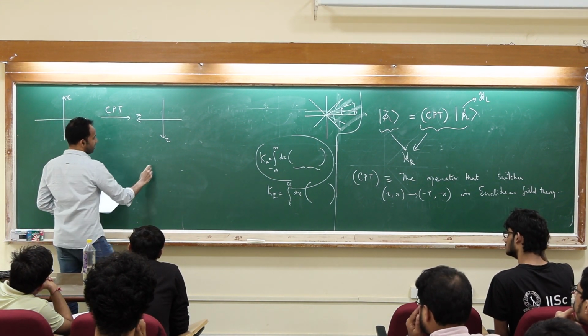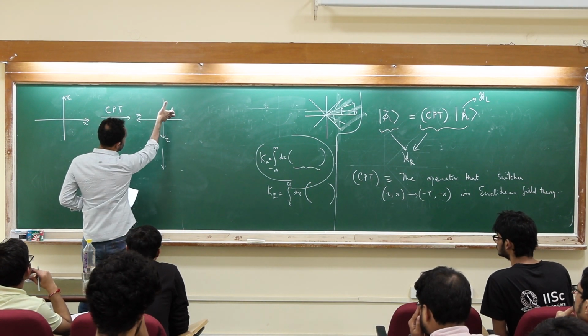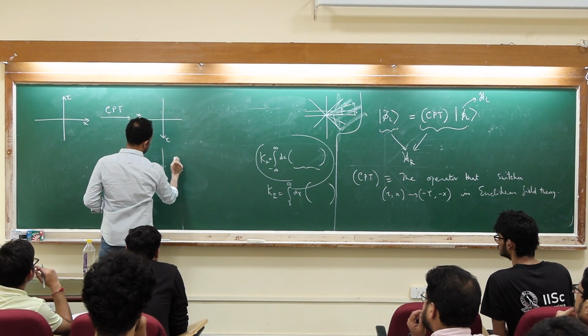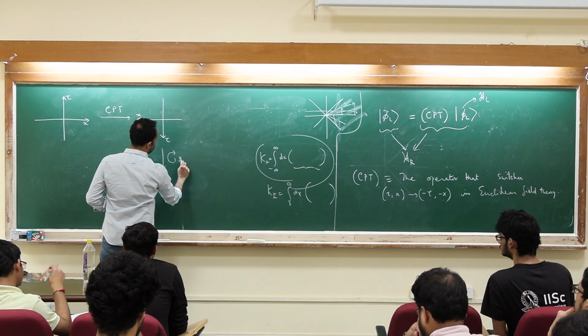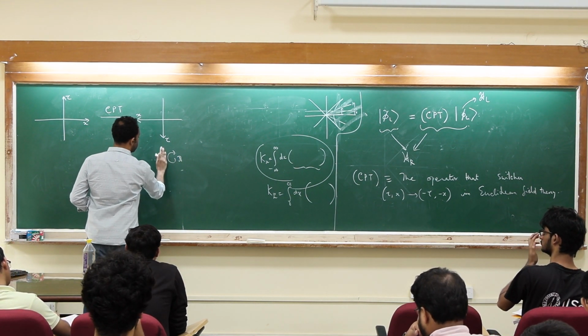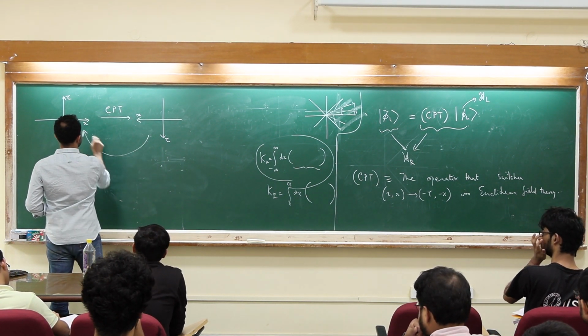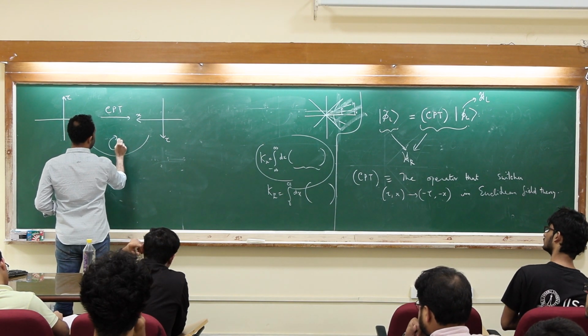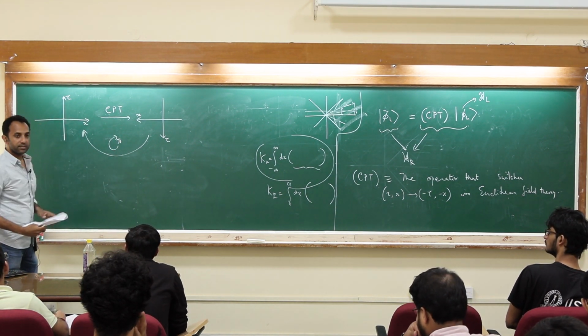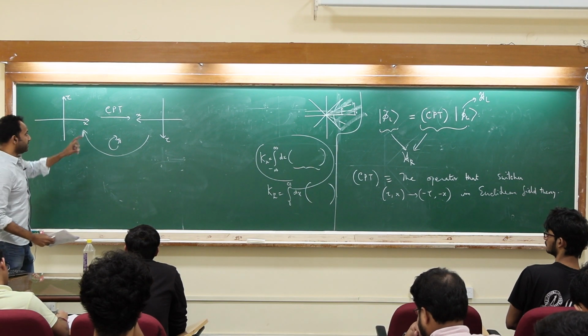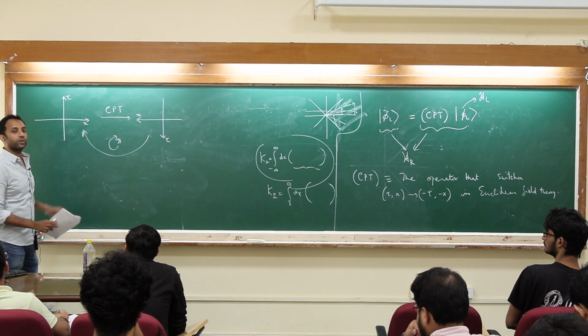But the key observation is that now I can do a pi rotation. Clockwise rotation by pi, and I get back with this. Okay, so that means that CPT can be thought of as a rotation.